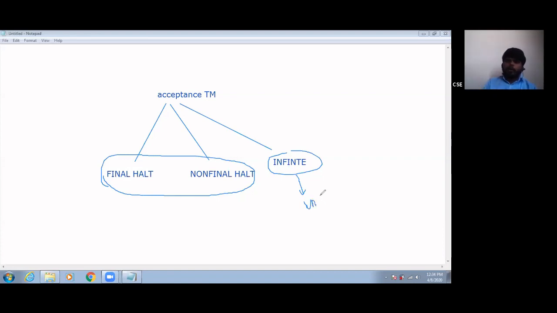In the 6th unit we are going to discuss decidable problems and undecidable problems. These are decidable problems, and if it is going into an infinite loop, these are undecidable problems. So this is what we require.